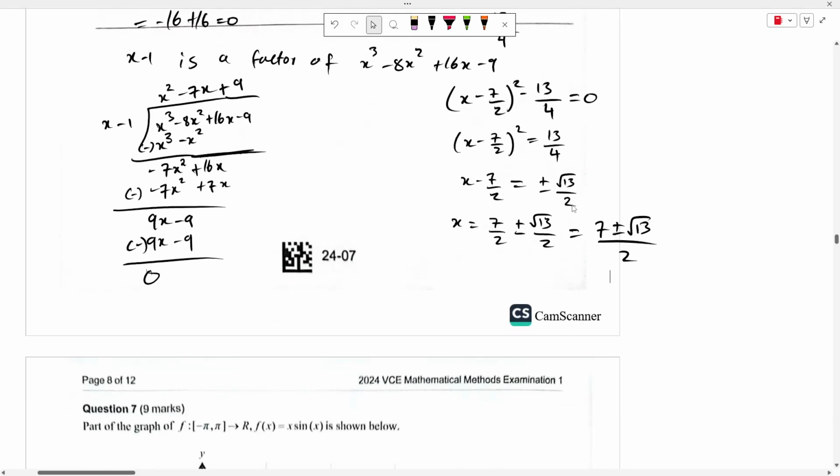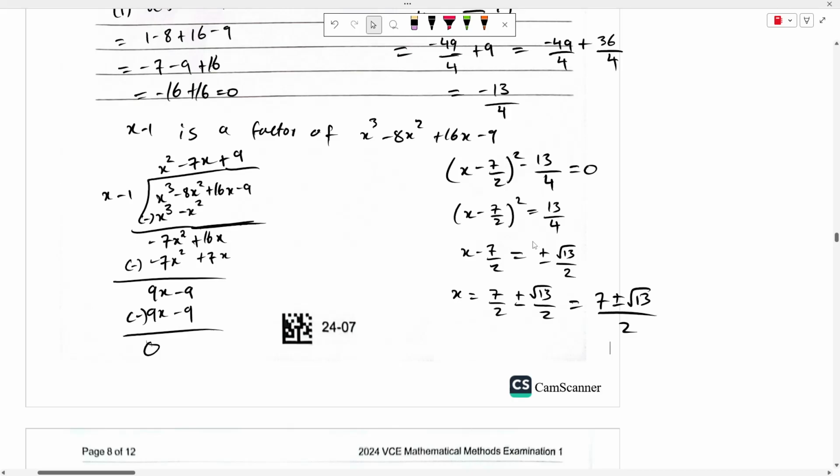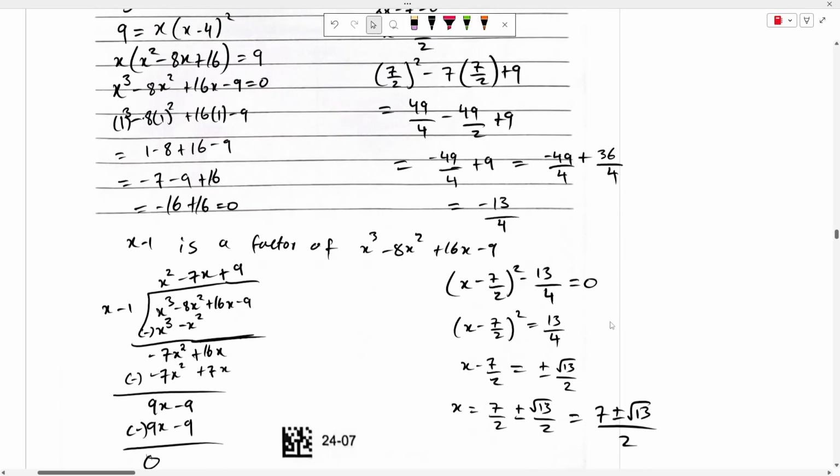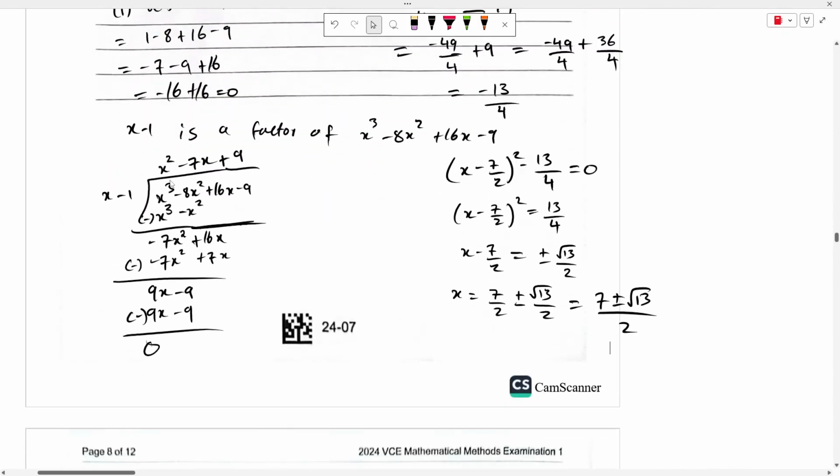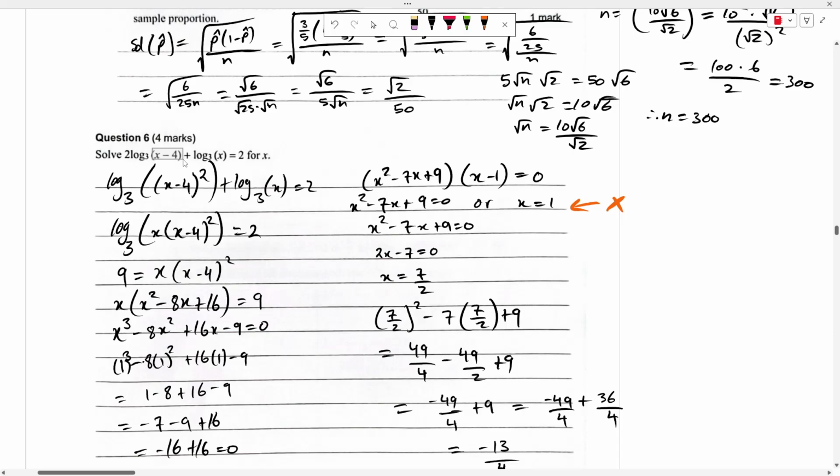Okay, but hold on. How do we know that all of these work, right? How do we know that both these work? Because one of them might break the equation, right? See, look at this. There's a log base 3 of x minus 4. Anything inside a log has to be greater than 0. So x minus 4 has to be greater than 0.